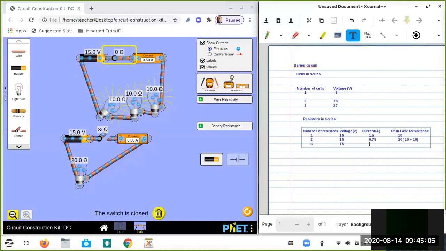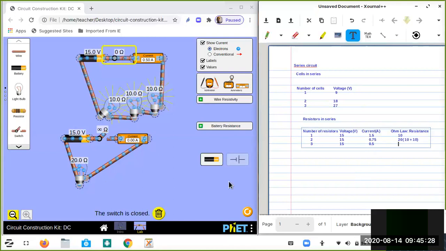The current is 0.5 amps. Now, what has happened to the resistance? Current is decreasing when we connect resistors.